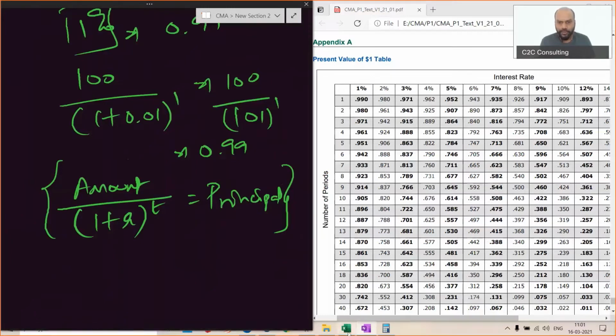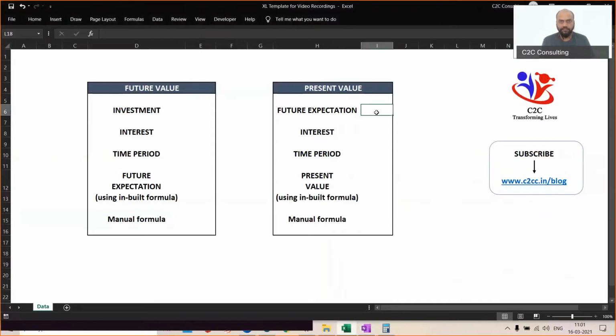This present value factor, you've seen how to calculate manually, and also in a calculator. I'll show it to you in Excel. Say my future expectation is 100 and I expect 1% interest for 1 year. Let's do this manually using the same formula.